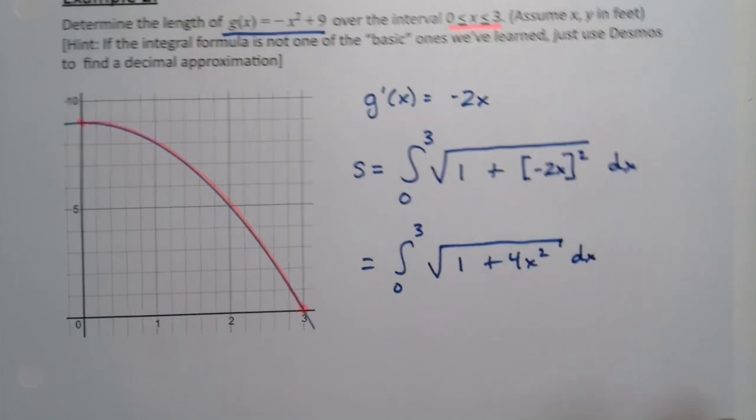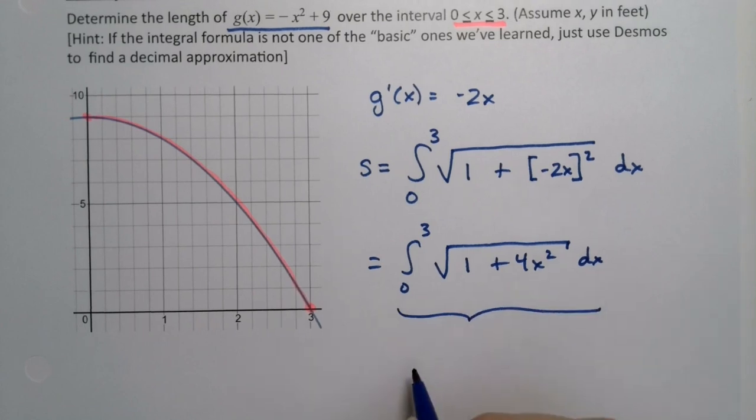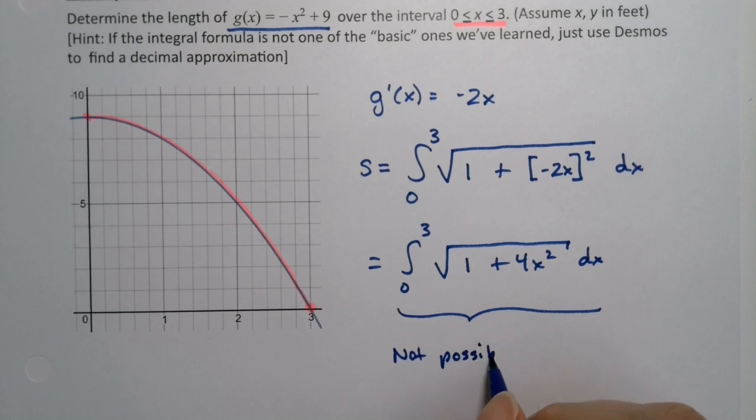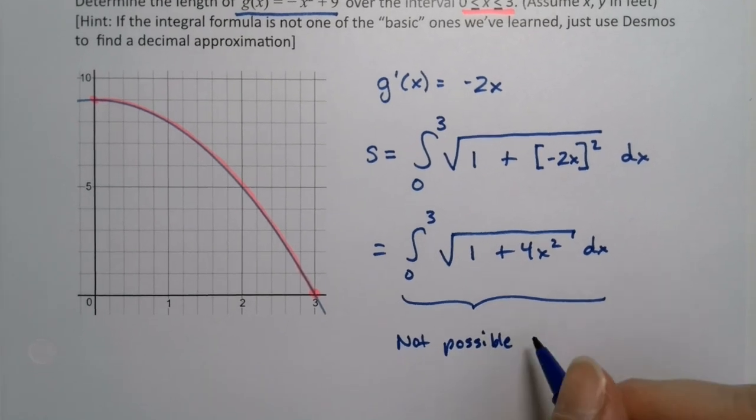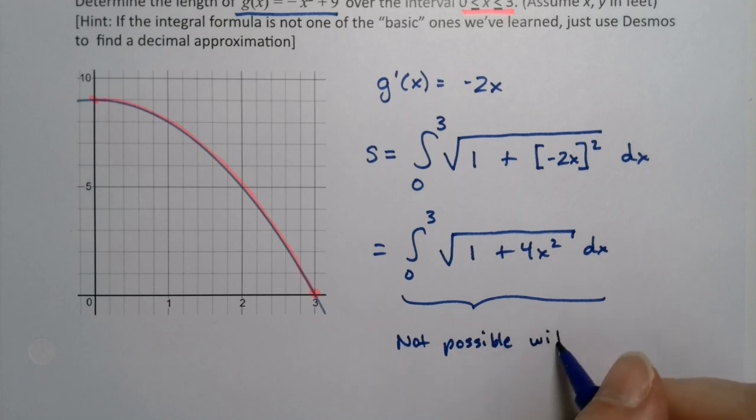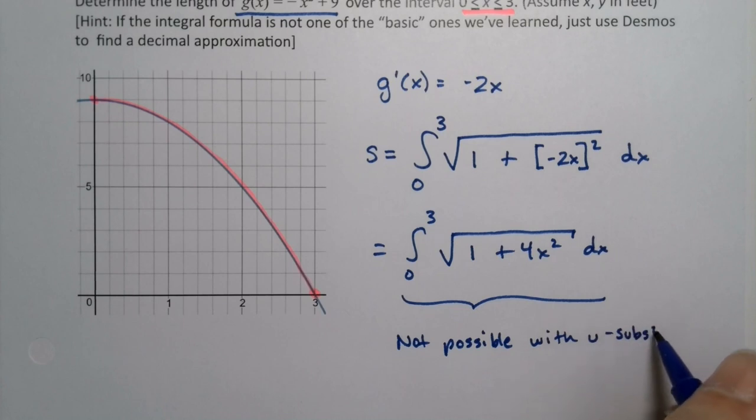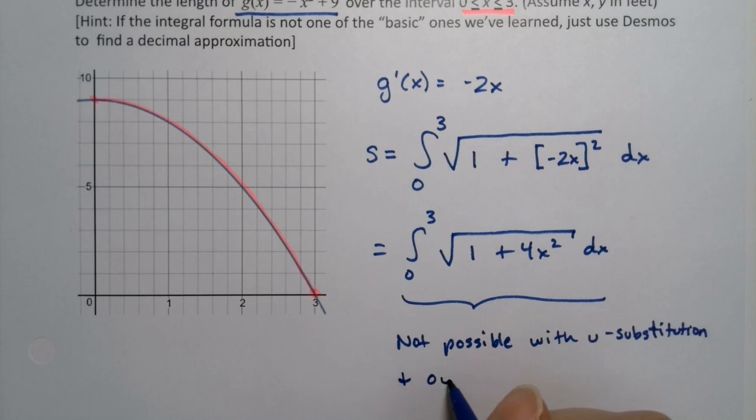Now you'll notice this is not actually an integral that is possible to find by hand at this point, knowing what we know with our basic integral sheet and u substitution. So it's not possible with u substitution and our small integral reference sheet.